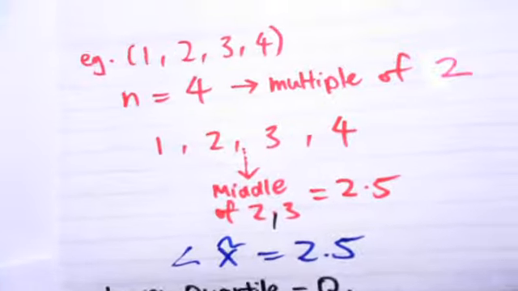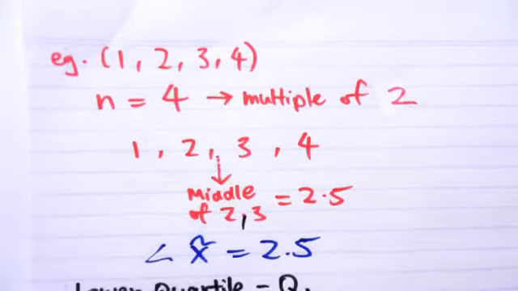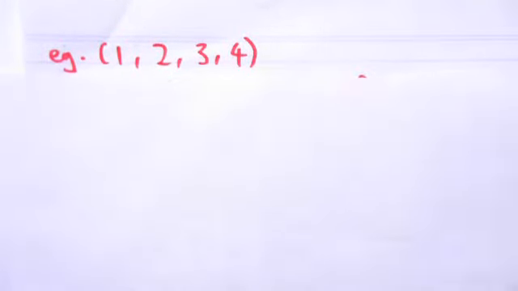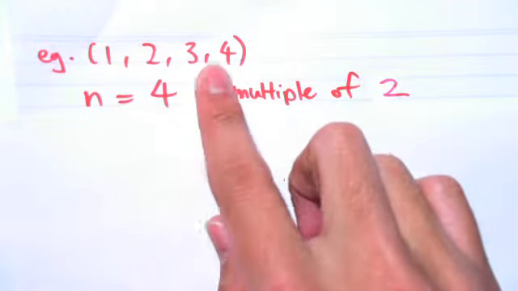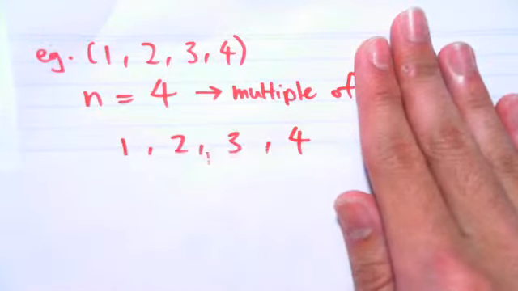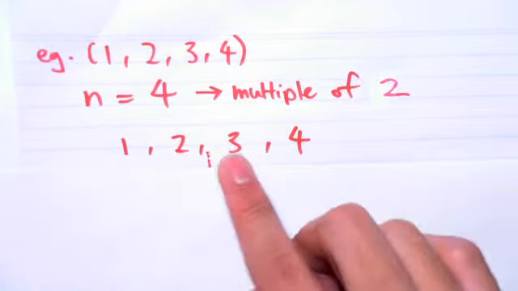Let's go to a special case where, for example, your sample size is a multiple of 2. Let's say we have a new sample set here: 1, 2, 3, 4. Our sample size is 4 because we have 4 numbers, which is a multiple of 2. Again, we write them out: 1, 2, 3, 4.